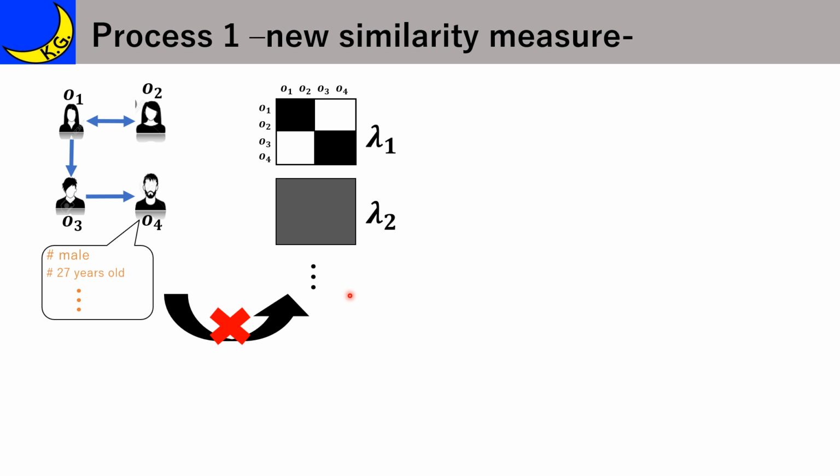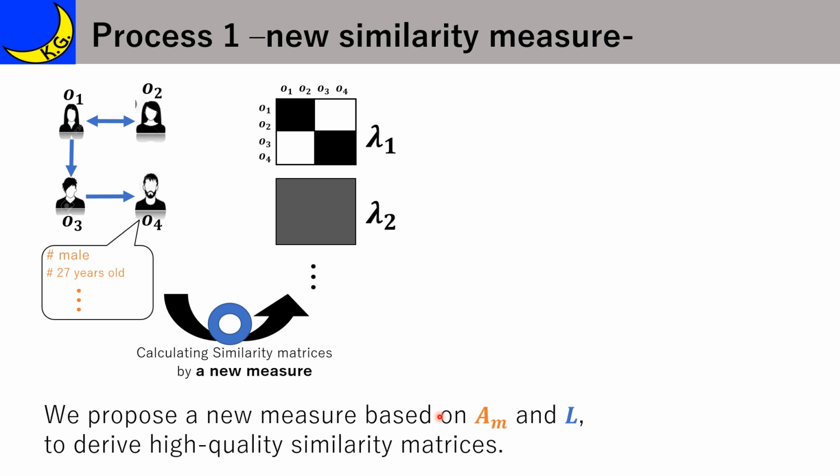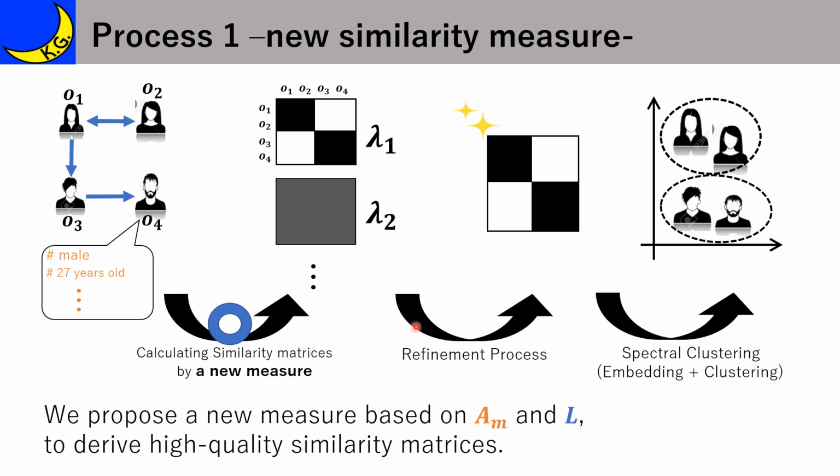However, the metapaths cannot be used with ANs, whose each object has multiple attributes. Therefore, we propose another new similarity measure based on multiple AM and L in ANs, so that the downstream refinement process and spectral clustering can be applicable to ANs.